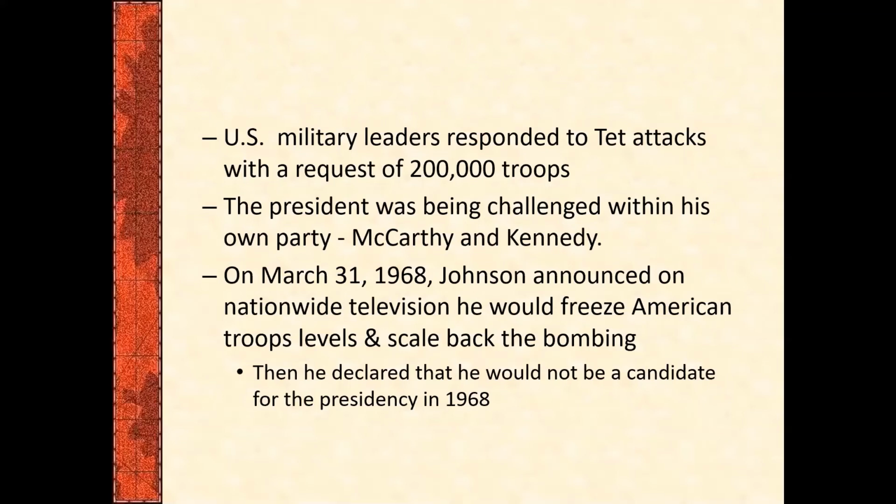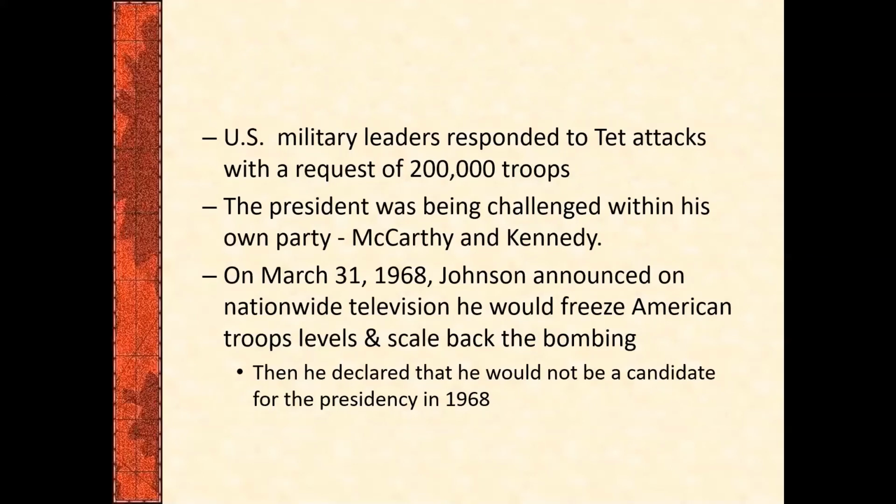And so Johnson is facing competition within his own party. So within the Democratic Party, you have McCarthy and Robert Kennedy, John F. Kennedy's younger brother, who are mounting a formidable opposition to him within his own party. So not even talking about the general election, Democrats and Republicans. Within the Democratic Party, you have three strong candidates, Johnson, McCarthy, and Kennedy.